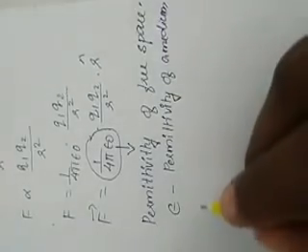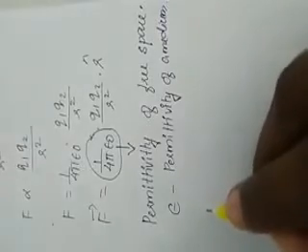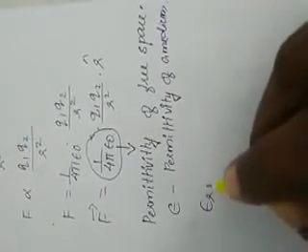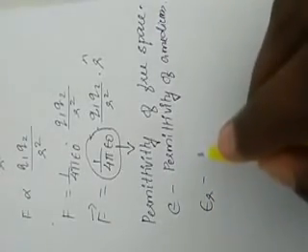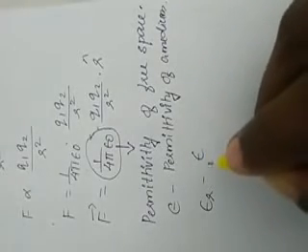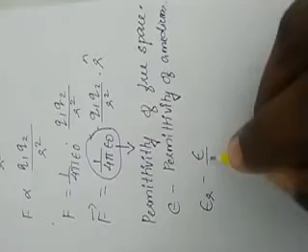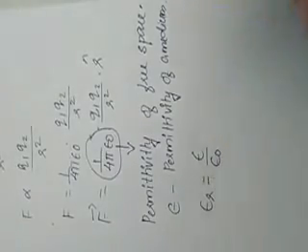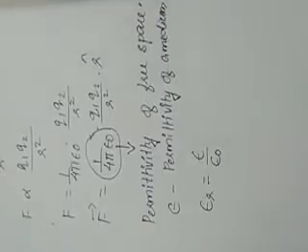Okay, then epsilon r is known as the relative permittivity, and it is defined as the ratio between the permittivity of a medium and the permittivity of free space. This can also be considered as the dielectric constant. So this is about Coulomb's law.